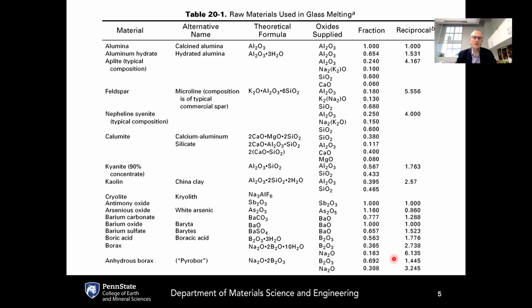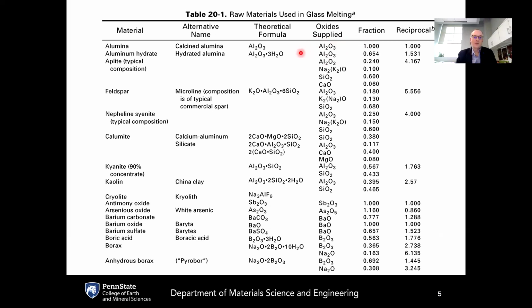Now, this table lists some of the common raw materials that are used in glass melting. This is by no means a complete list, but what you can see is that, for example, if you want to batch alumina, one of the ways is just by straight batching alumina itself, which is Al2O3. Al2O3 is not going to give off any volatiles during glass melting, and so the batch factor here is just 1, meaning that for every gram of Al2O3 that you put into the batch, you get 1 gram of Al2O3 in the glass.